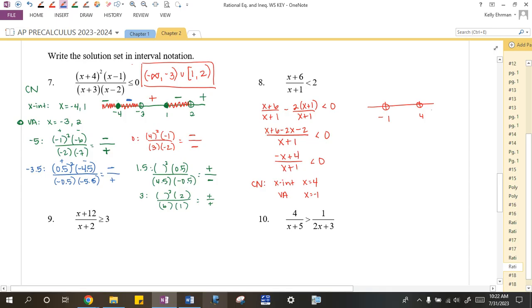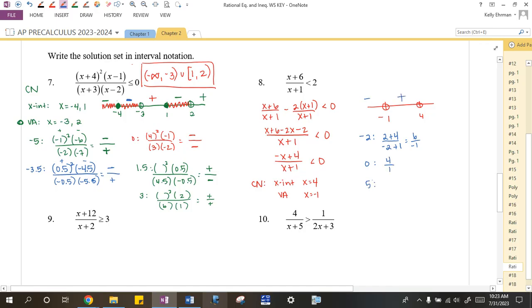numbers, we just have 3 sections to test into. So if I plug in negative 2, into negative x plus 4 over x plus 1, you get 2 plus 4 over negative 2 plus 1. That's negative overall. Plug in 0, that's the best one. That's 4 over 1. Easy.